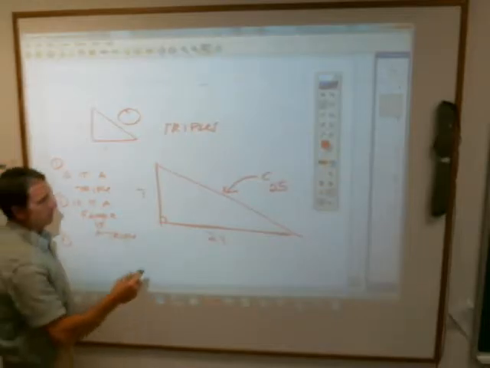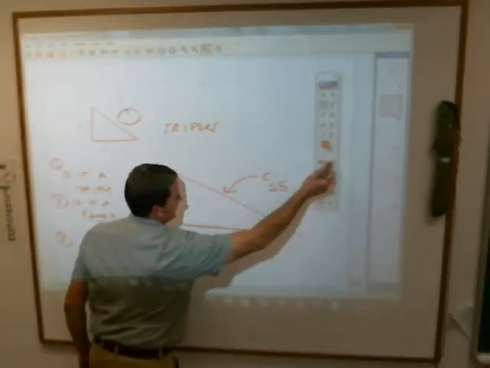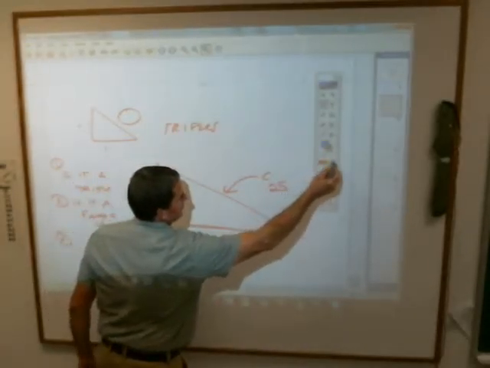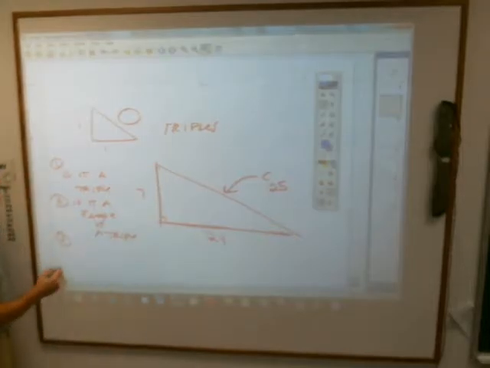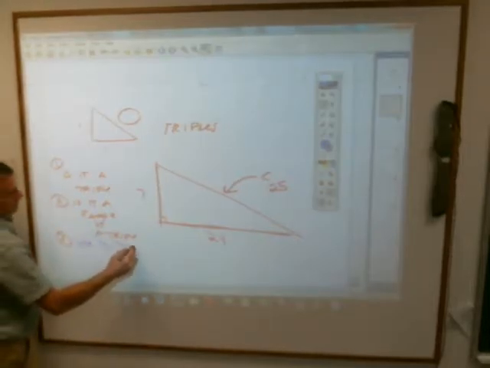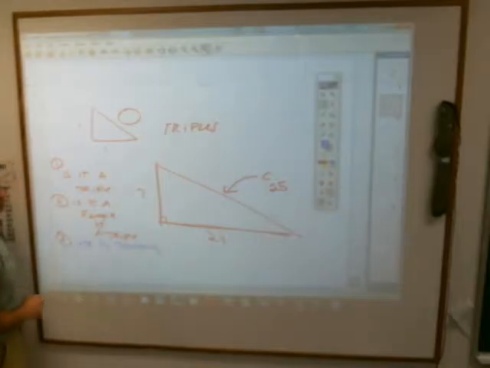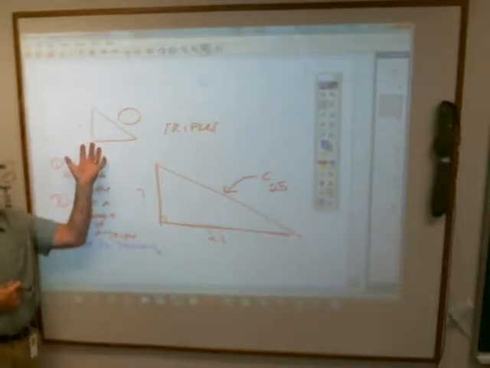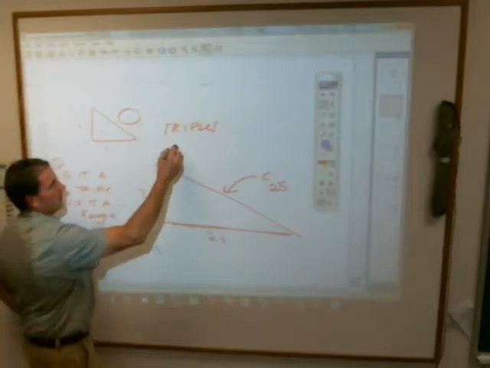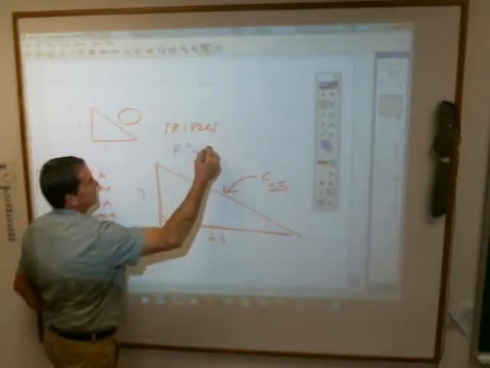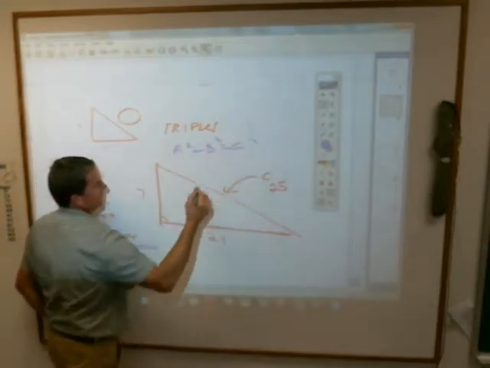Then you have to, boys and girls, and this is where you cringe just a little bit, actually use the Pythagorean theorem. Which means in this case, you've got to write out the formula first of all. It has to be a squared plus b squared equals c squared.